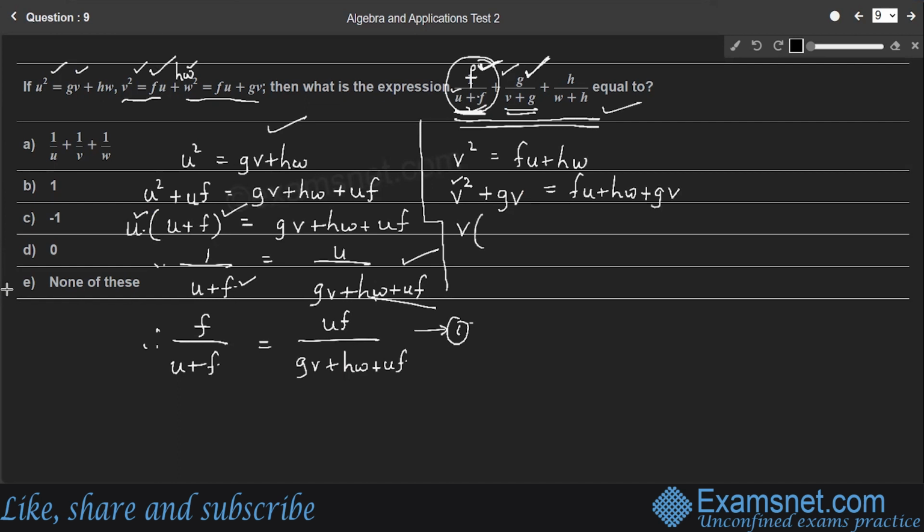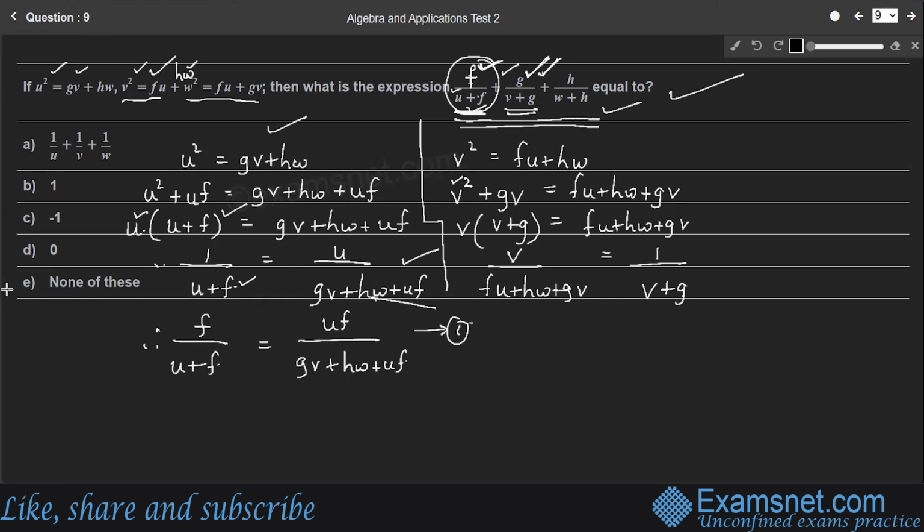So here v is common, v into v plus g is equal to fu plus hw plus gv, so v by fu plus hw plus gv is equal to 1 by v plus g, right? Look at the second term in this expression, g by v plus g.